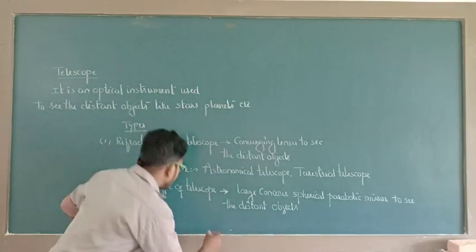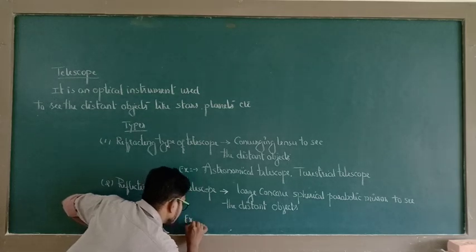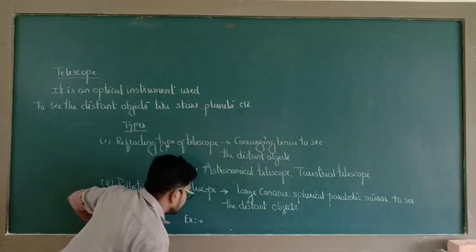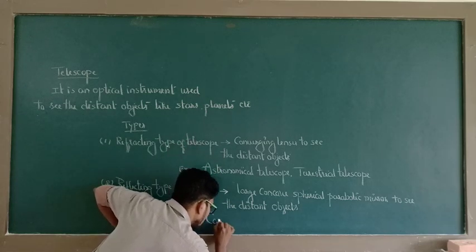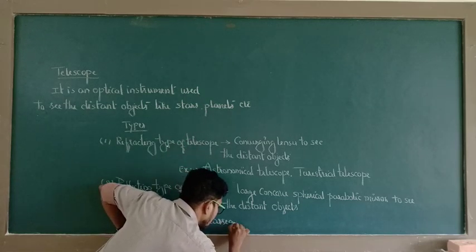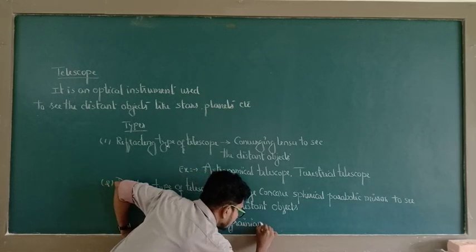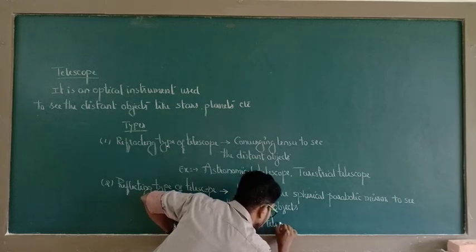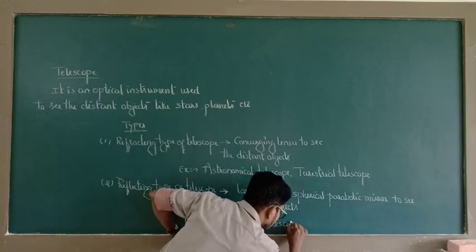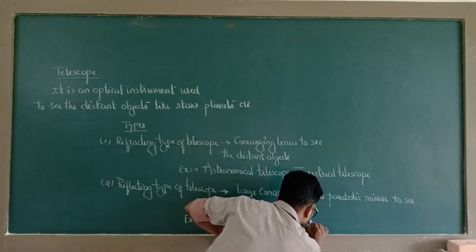Examples of a reflecting type of telescope are the Cassegrainian telescope and the Newtonian telescope.